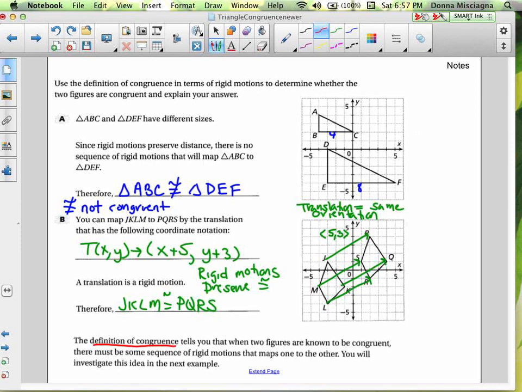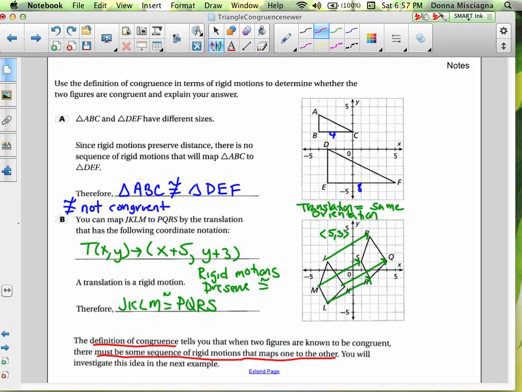Add that to your notes. Definition of congruence and there must be some sequence of rigid motions that maps one to the other. All right, so just add that part to your notes. There's enough room, I think, at the bottom of that. And you can take a little bit of the top of the next box to fit that in.